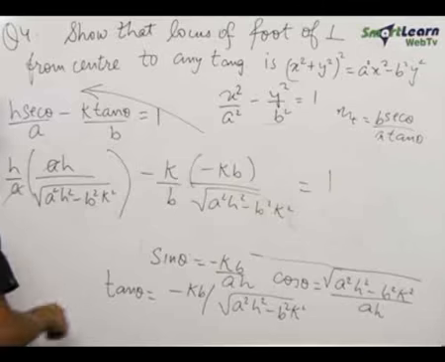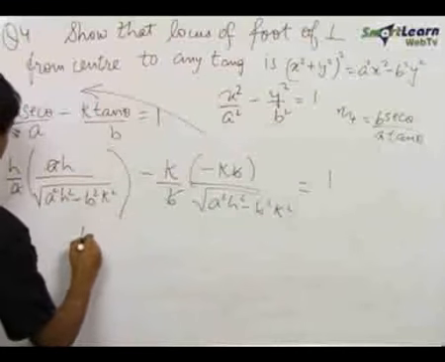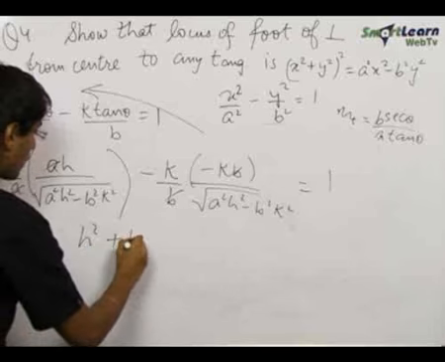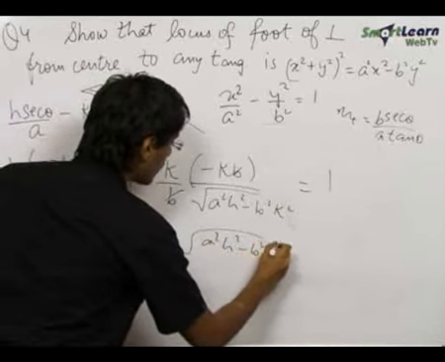Here a and a cancel, b and b cancel, and we get h² + k² = √(a²h² − b²k²).